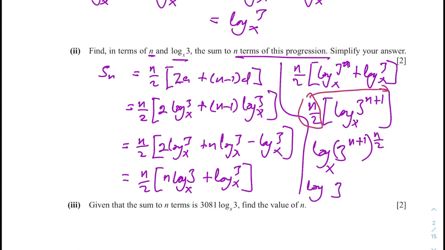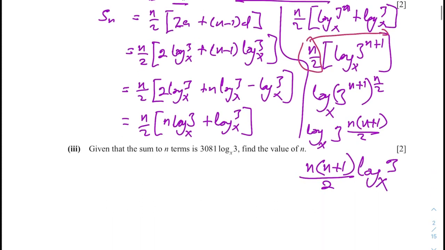I know it's just 2 marks and I'm sweating over it, but who cares? Over 2x. So I can now bring this guy down to have something like this. So I can end this way. It's all about algebra, playing with things.